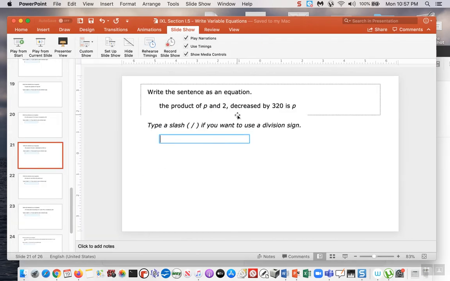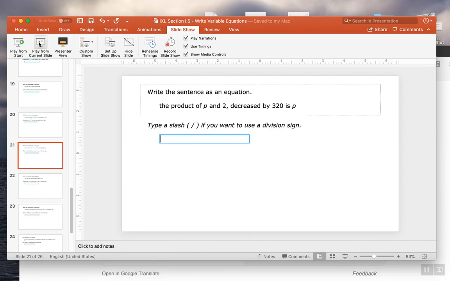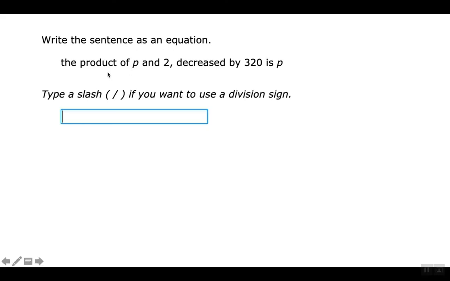Okay, so let's go back to this. Hold on. The product of P and 2, el producto de P y 2, decreased by 320, disminuido por 320, is P. There's my answer.